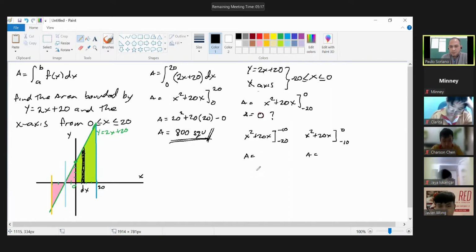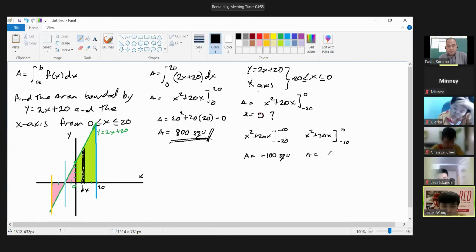So here, what's your area here? From negative 20 to negative 10, I got negative 100 square units. How about this? Same, negative 100 as well? Are you sure?